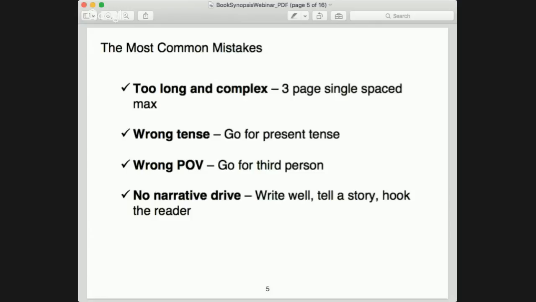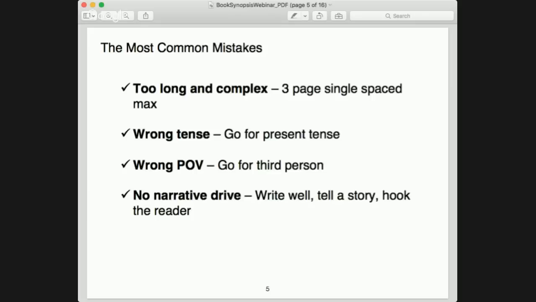Then the final mistake that people make is no narrative drive. The synopsis needs to have narrative drive just the way a story or a book does. It needs to pull the reader through. It needs to have a force that gets them from beginning to end, even this little 3-page thing.